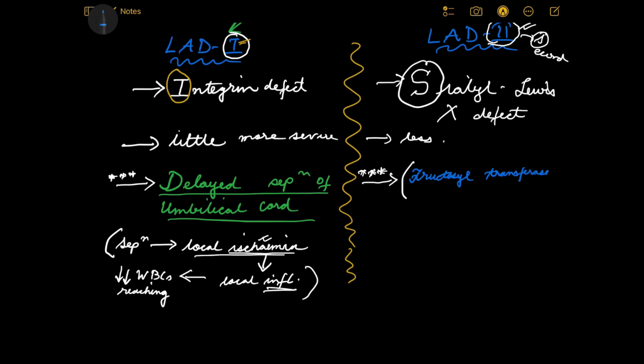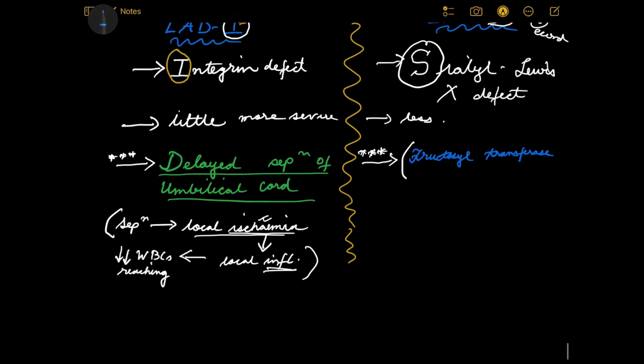This is the enzyme which is responsible for Cellular X formation. Now, if there is a deficiency in this enzyme, obviously that would translate to Cellular X molecules being defective, or deficient rather.